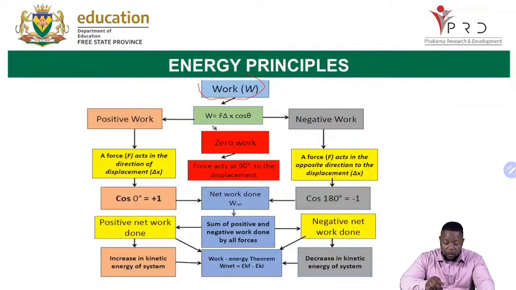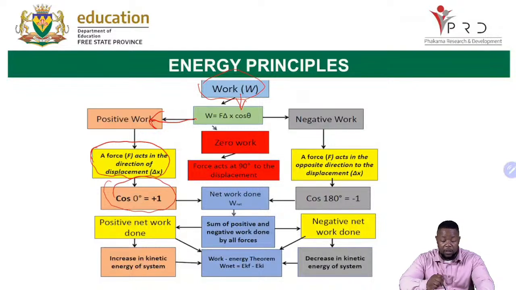So we are dealing with work here, and the formula for calculating work is W equals F delta x cos theta. Positive work will only be attained if the force and the displacement are in the same direction, so cos 0 will be substituted when calculating the work done.